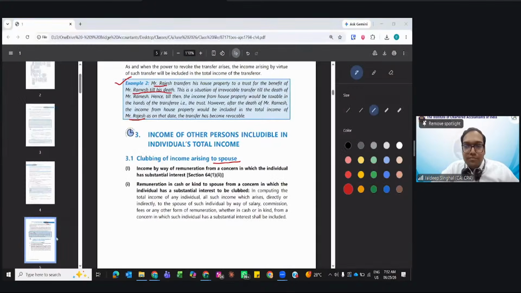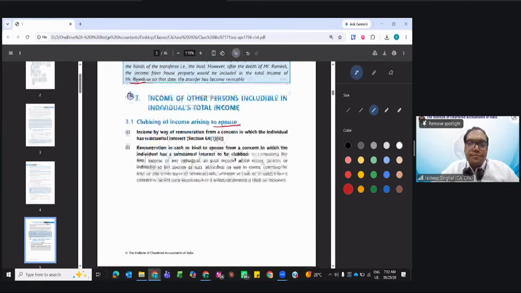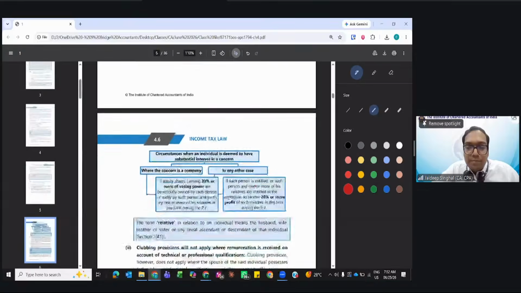Let's see the book. Clubbing of income arising to spouse. Income by way of remuneration from a concern in which the individual has substantial interest. In computing the total income of the individual, all such income which arises directly or indirectly to the spouse of the individual by way of salary, commission, fee or any other form of remuneration, whether in cash or kind, from a concern in which the individual, Mr. A, has substantial interest shall be included.